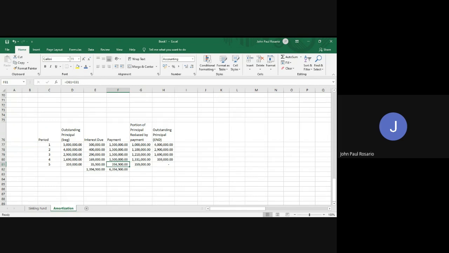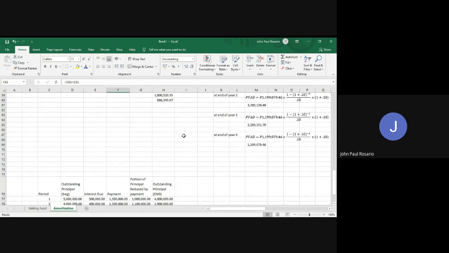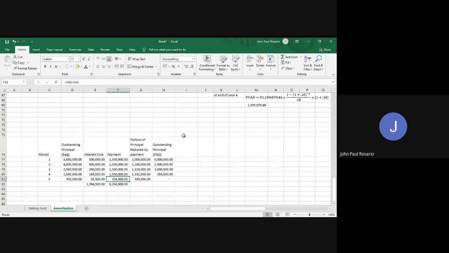So meaning, kung kanang kaninga scheme ang inyong gisabutan, the final payment will be 394,900, which includes 35,900 for the interest and 359,000 for the outstanding principal. Okay, I just thought of something before I proceed here.